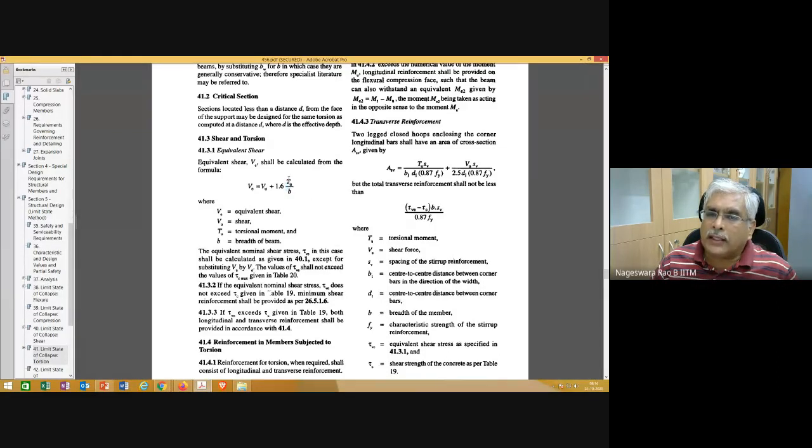And when we are actually demonstrating in examples, we assume some values for the torsional moment, and we will illustrate how to proceed with designing for the torsion. But in reality, this torsional moment you need to calculate depending on the eccentricity of the load with respect to the CG of the member.